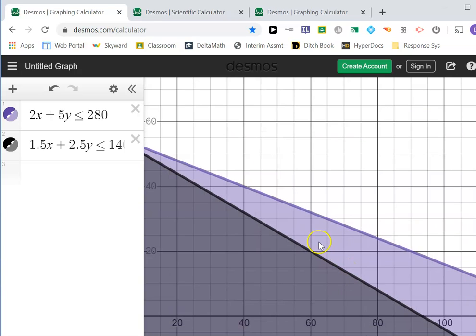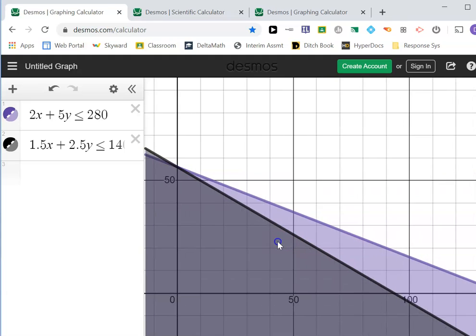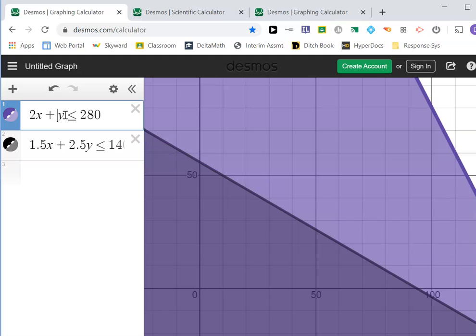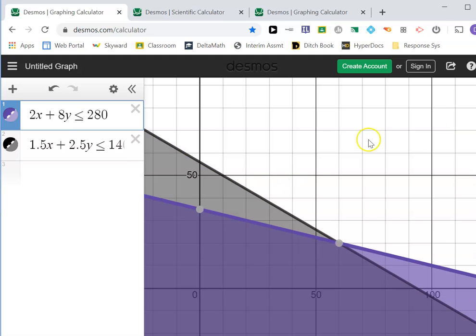Okay? Now, here's the great thing about this kind of stuff. Suppose somebody comes along and says, oh, you know what? We screwed up. It turns out it takes 8 hours to make a desk. So I'm going to go back here and replace the 5 with an 8, and notice that it changes my graph really quickly here.